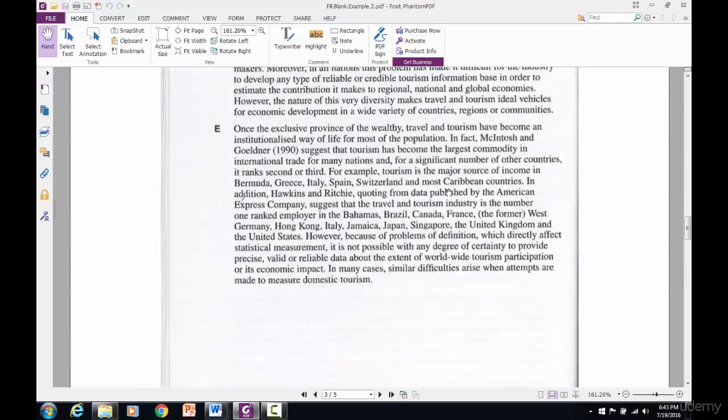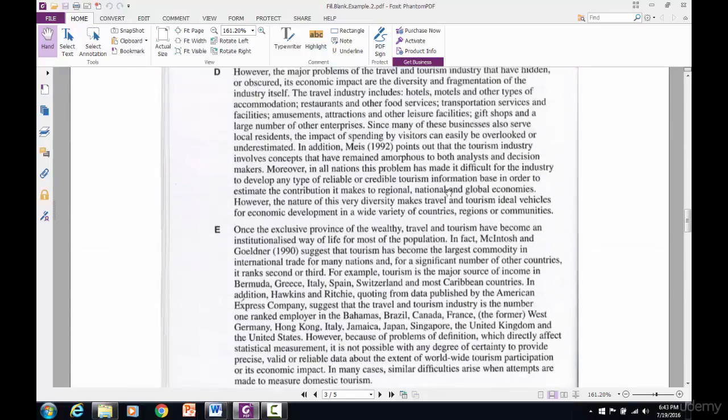When we look at this sentence, major source is the only language here that's similar to most important. So our answer is going to be source of income. They would also accept income as an answer choice, but our answer here will be source of income because the word major is connected to most important.